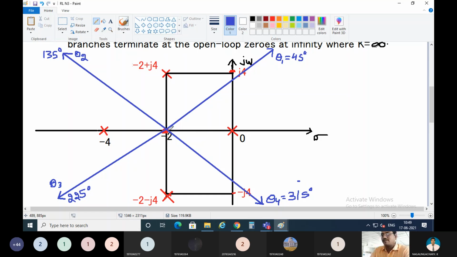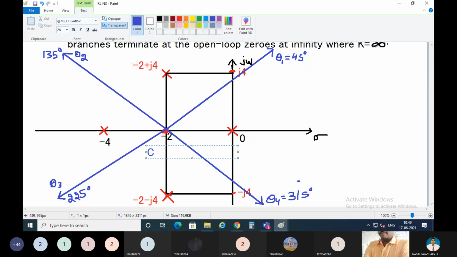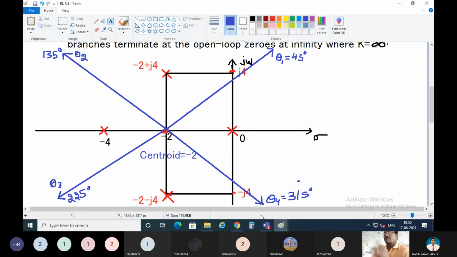So this is the centroid. How much is the centroid? -2. You just write it here: centroid equal to -2. Like this, theta 1, theta 2, theta 3, theta 4.